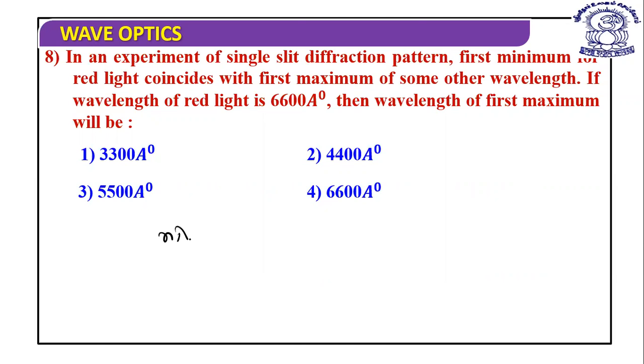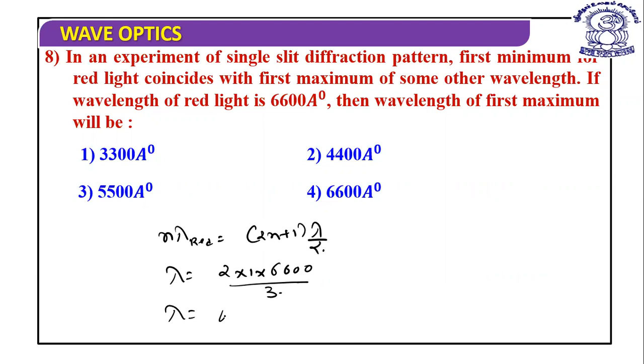Here n lambda for red is equals to 2n plus 1 lambda by 2. So we can find lambda as 2 into 1 into 6600 divided by 3. So lambda will be equal to 4400 angstrom. Second option is correct.